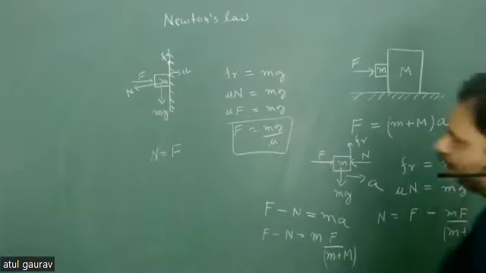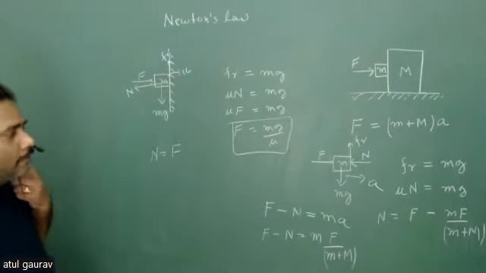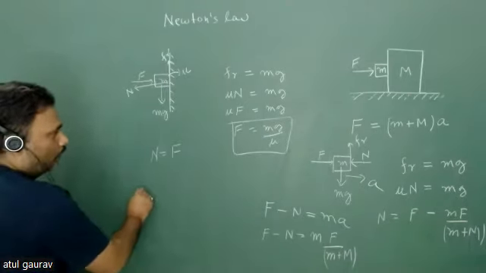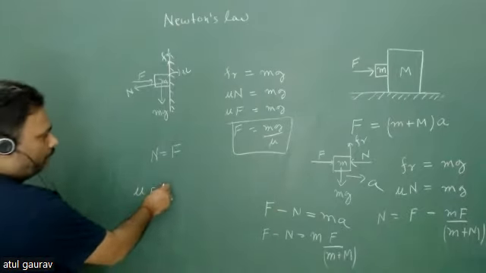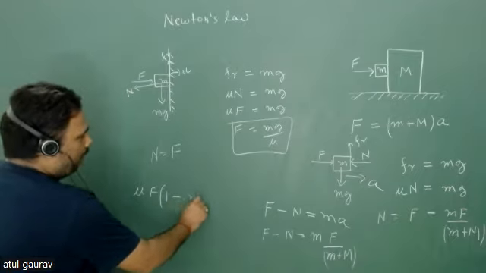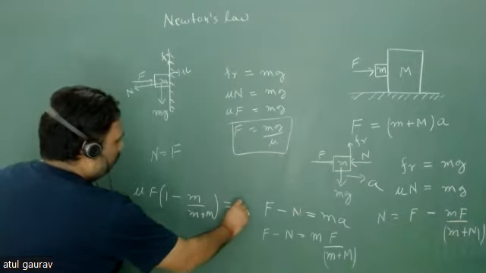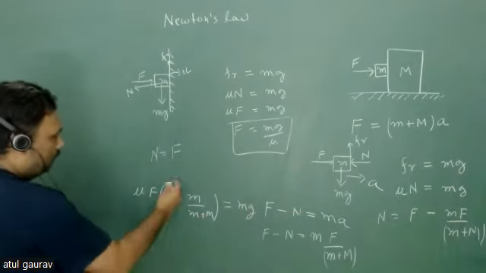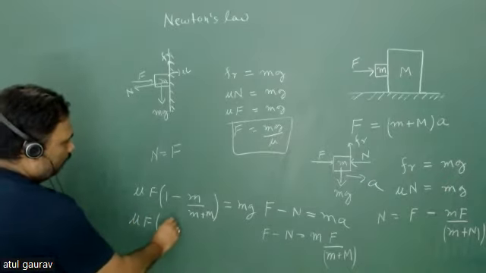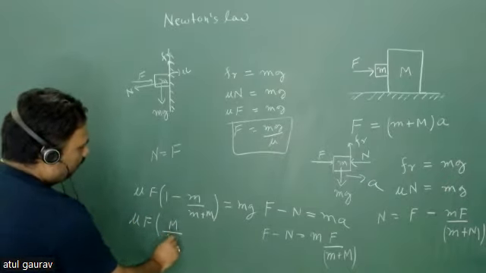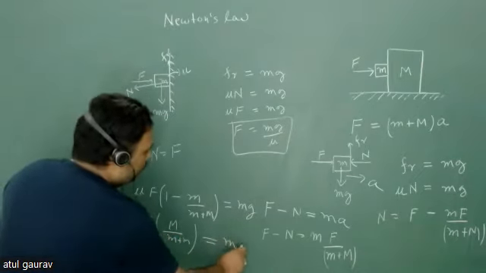When you put this equation here, what will you get? You will get mu into F into (1 minus m by (m plus M)), and that value is equal to mg, and this is mu F into M by (m plus M), and this value is equal to mg.